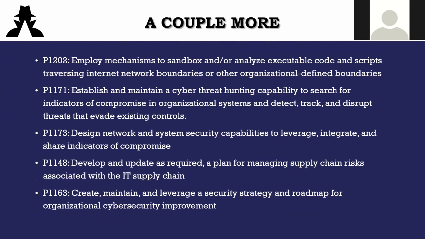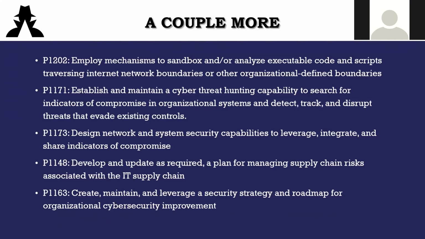A handful more. These are a bit on the more expensive side, I guess. Employ mechanisms to sandbox or analyze executable code at the network boundary. That's going to require additional software or an appliance. Maintain a cyber threat hunting capability.